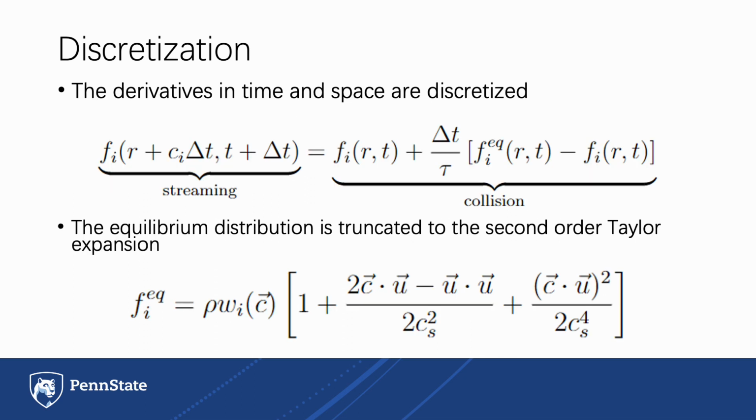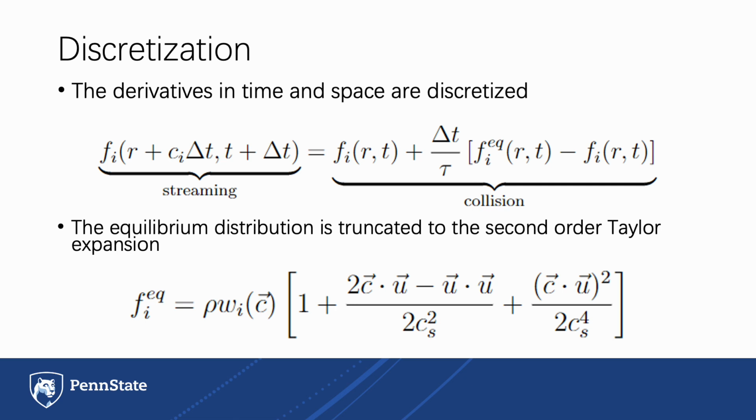So we define that every node in the lattice, or every linkage in the lattice, has its own distribution function and equilibrium distribution function. We want to discretize the derivatives in time and space.